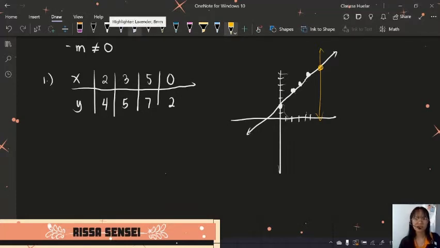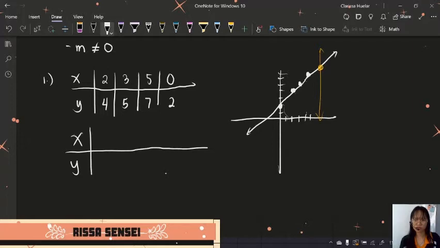Ang gagawin lang natin is to check the difference. So, halimbawa, kasi hindi naman siya sunod-sunod, gawin natin siyang sunod-sunod. 0, 1, 2, 3, 4, and 5.